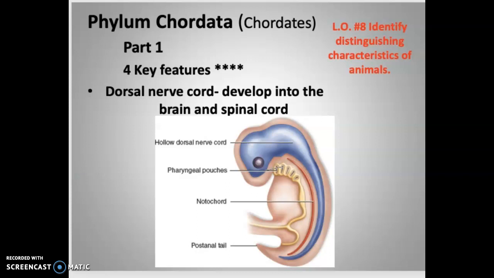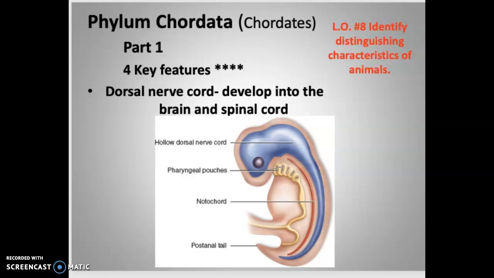What it turns into later on can move us into different classes within the phylum, or subphylum, actually, and then classes. If we looked at a human embryo in early developmental stages, you're going to have that. We look at a fish embryo, or any of these early embryonic stages of members of the phylum Chordata, look for the dorsal nerve cord.